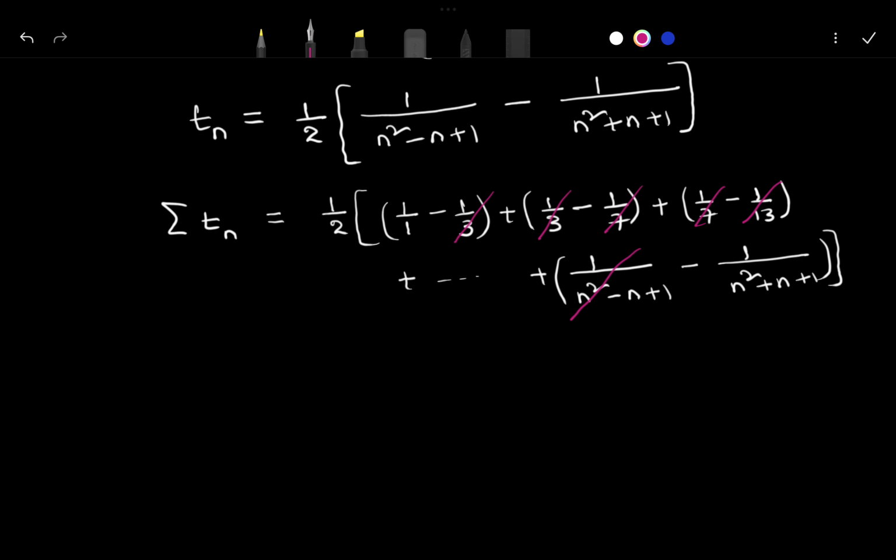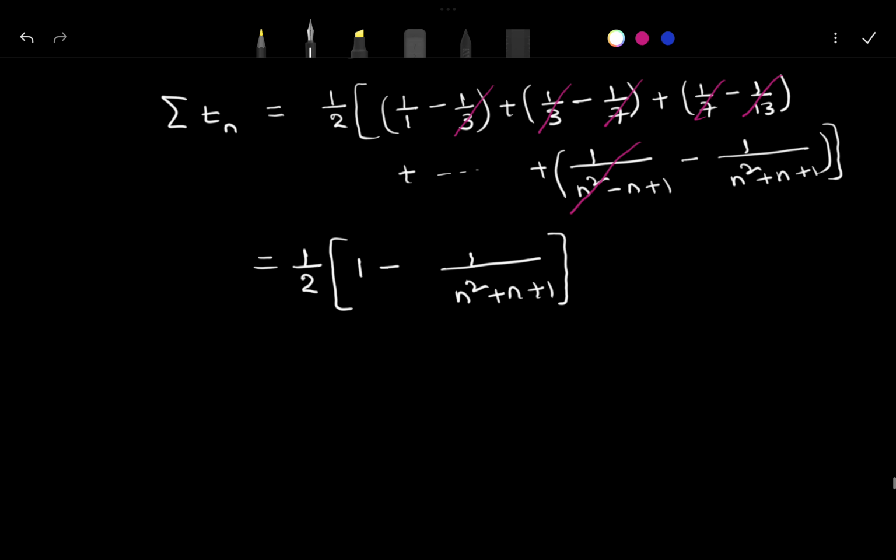So what is the remaining term? The remaining term will be 1/2 times (1 minus 1/(n square plus n plus 1)).